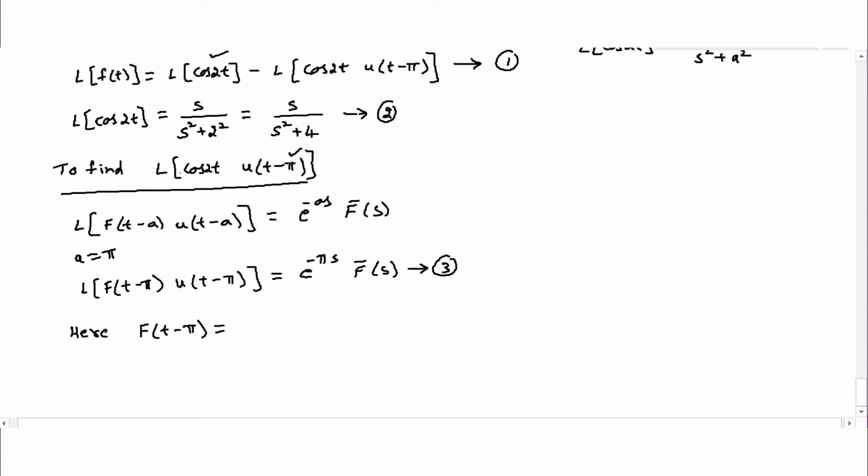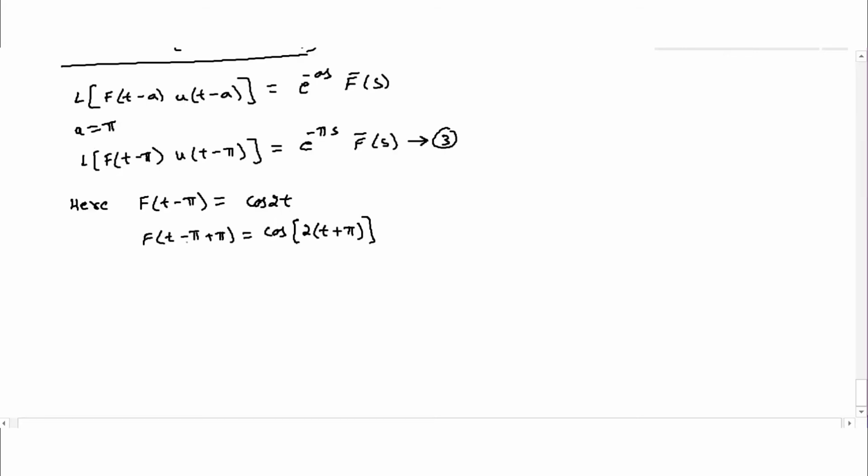So if you try to compare, f of t minus pi is nothing but cos 2t. So you can write this as cos of 2 times t. I have to get t over here. So because you have t minus pi, you add pi over here, which will be equal to cos of 2 times, so t will become t plus pi.